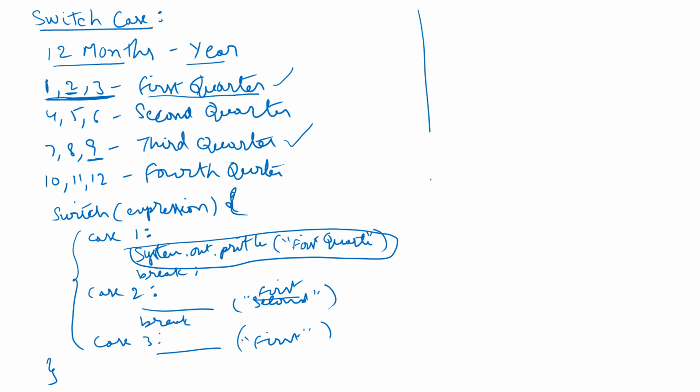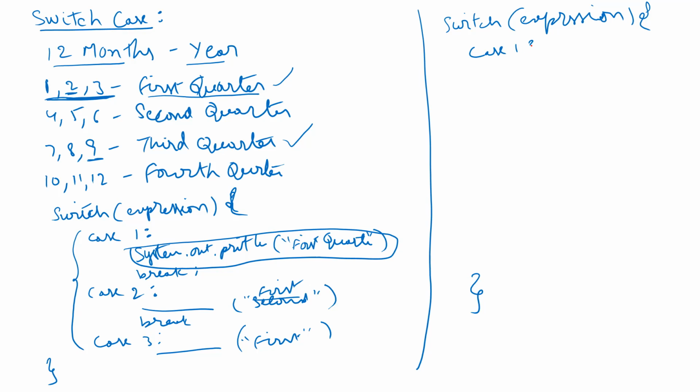Instead of doing it like this, what we can do is have a switch expression here, and within this switch expression I say case 1, case 2, case 3, and under case 3 I will say system.out.println first quarter, and I will say break statement.